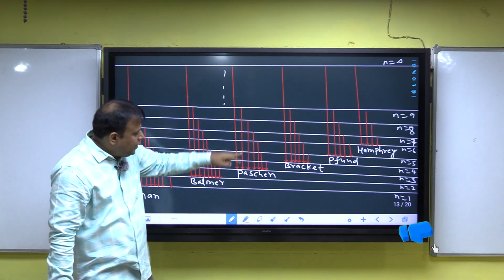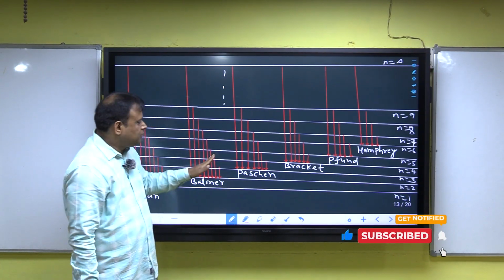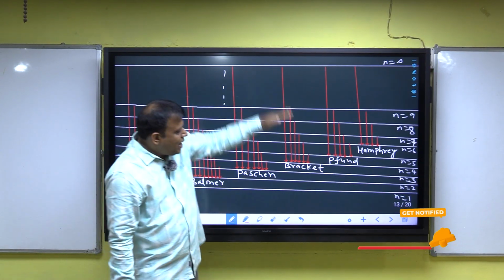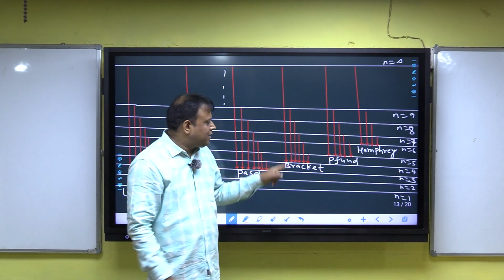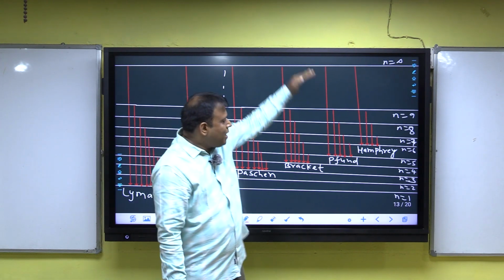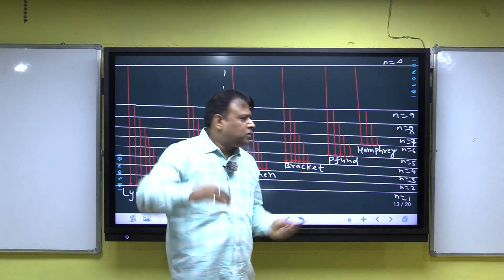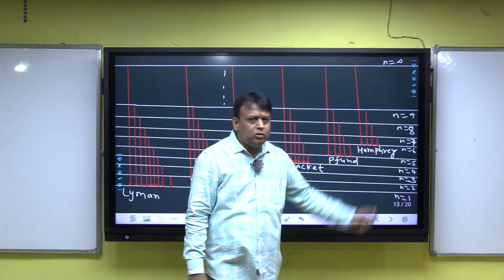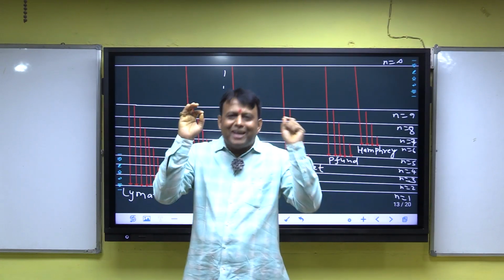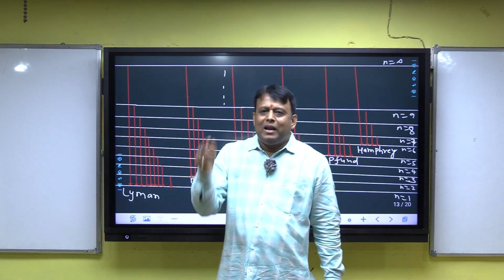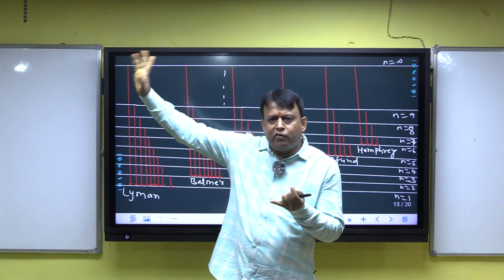From a higher orbit to the third orbit, that means the second excited state, Paschen. Some higher orbit to the fourth orbit, that means the third excited state, called Brackett. Some higher to the fifth orbit, Pfund, and some higher orbit to the sixth orbit, called Humphreys. Always keep in mind, again I am repeating: Lyman series n1 is 1, n2 is 2, 3, 4, 5.